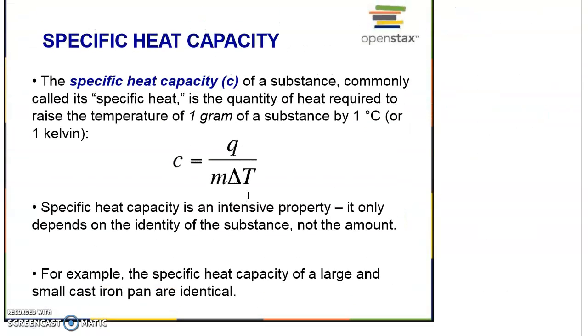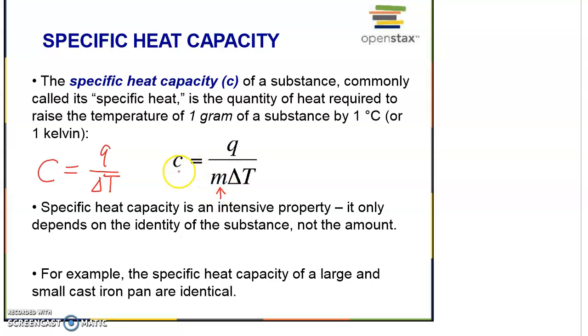Okay, so let's talk about specific heat capacity. What is the difference? If you look at the one before, with a capital C, heat capacity is equal to heat divided by delta T. The small c is the specific heat capacity. You have an additional m over here. This is the mass.